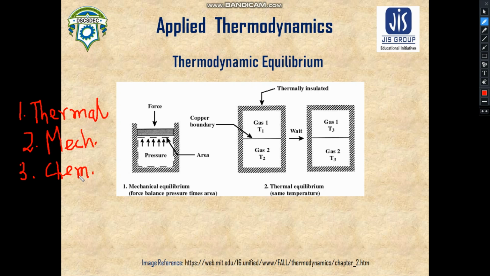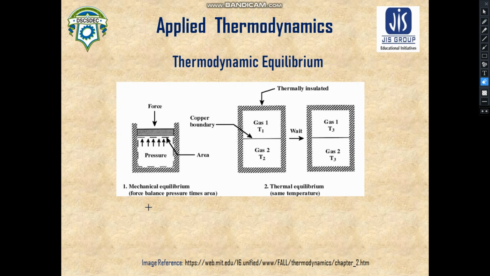When these three kinds of equilibrium are present within the system, we can say that the whole system is in thermodynamic equilibrium. We shall be discussing these specific cases: what do we mean by thermal equilibrium, mechanical equilibrium, and chemical equilibrium? So let us start with thermal equilibrium.